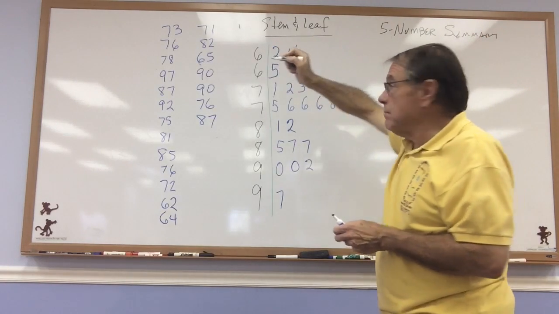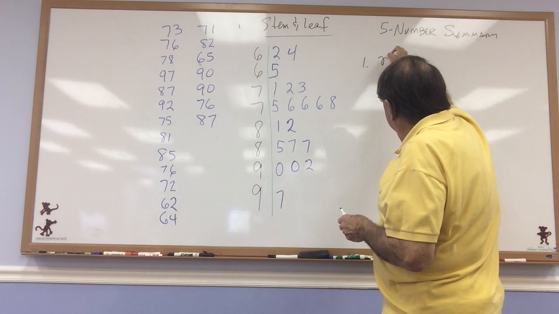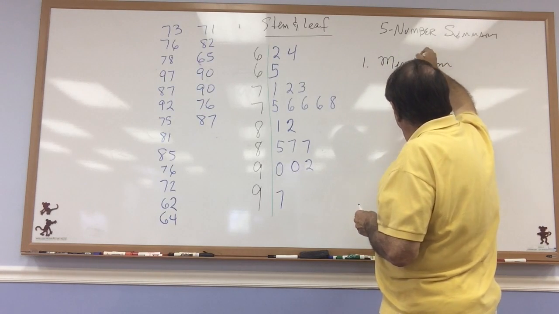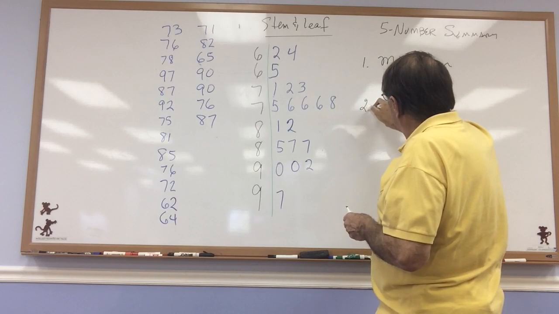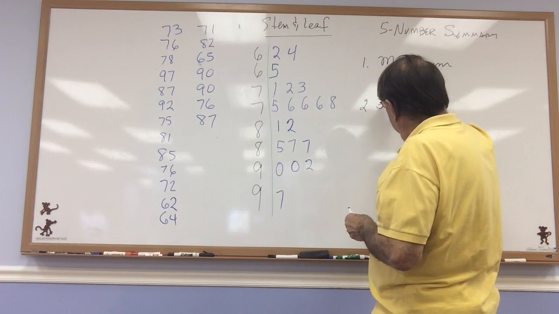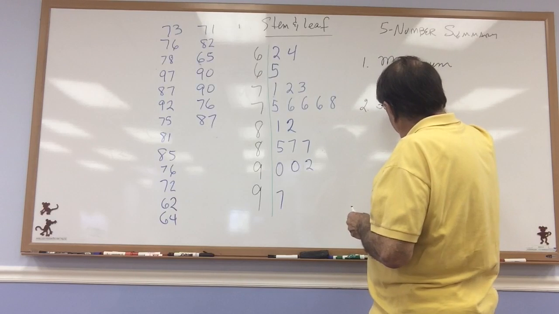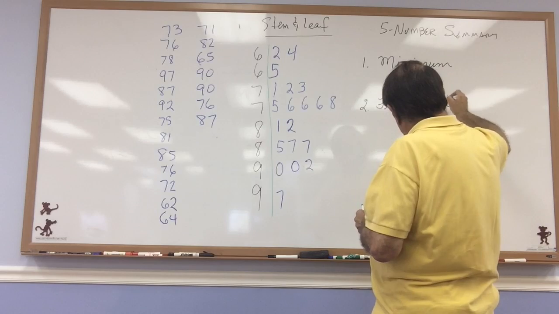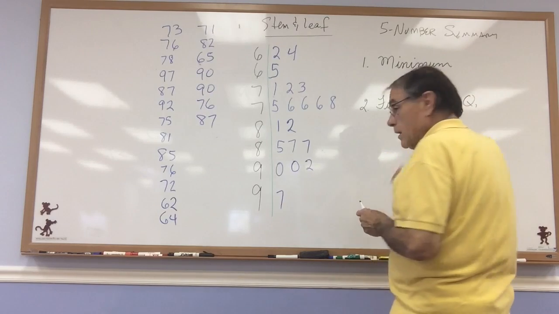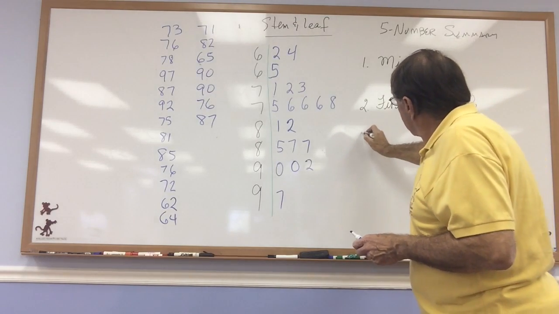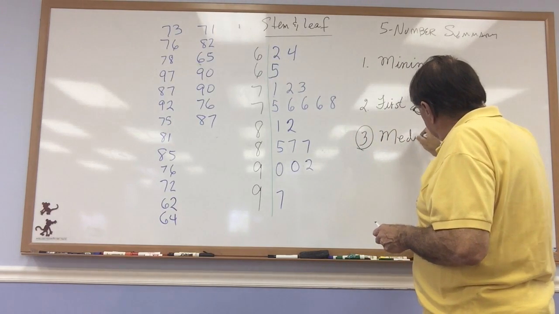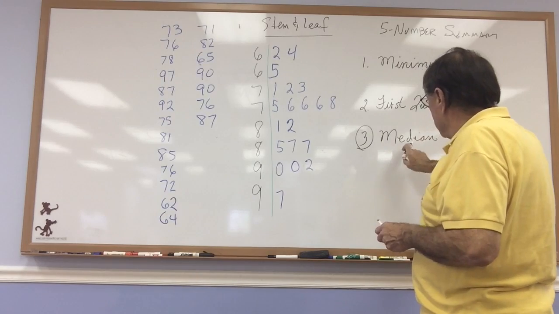Now those 5 numbers would be the minimum, the first quartile, which we label Q1. The third would be the median, the one in the middle.